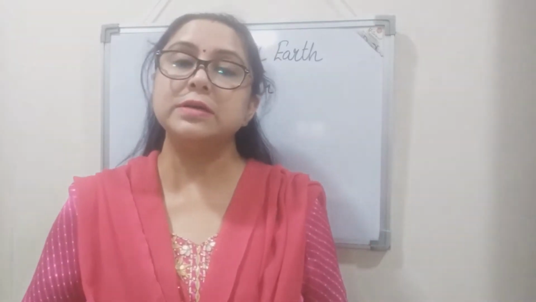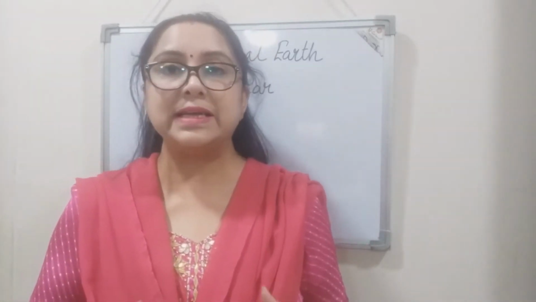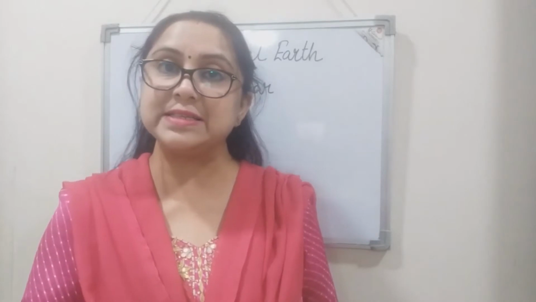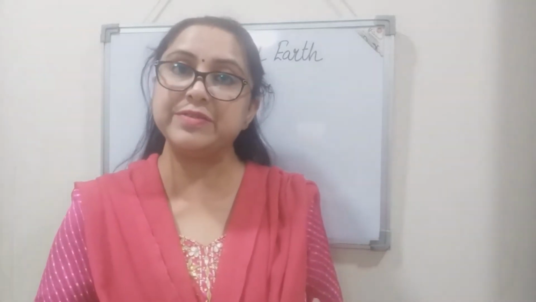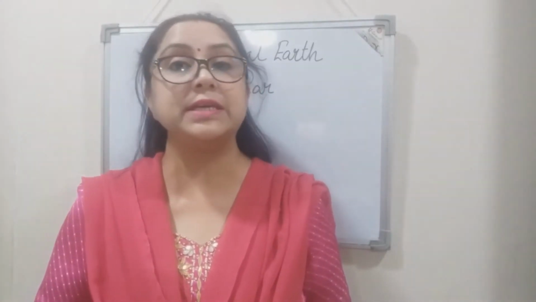So, before starting with the poem, let us see the poetic devices as we have studied the poetic devices in the previous poem. So, the poetic devices which we'll come across in this poem are personification, alliteration, imagery, refrain and hypophora.